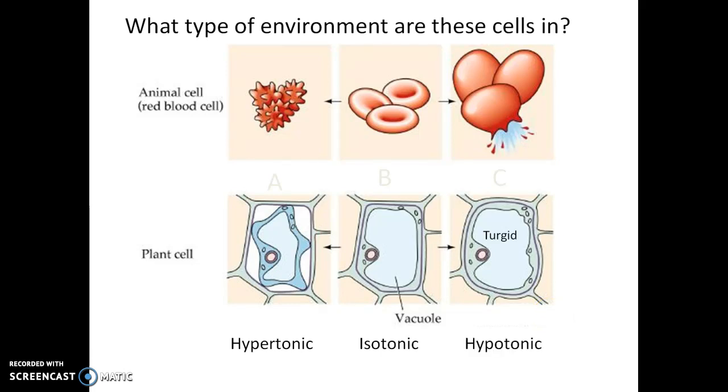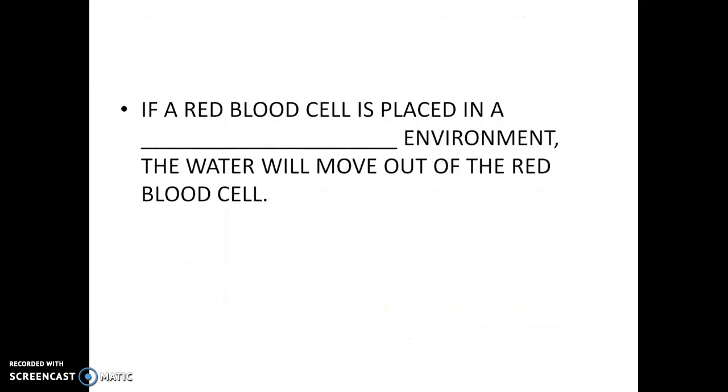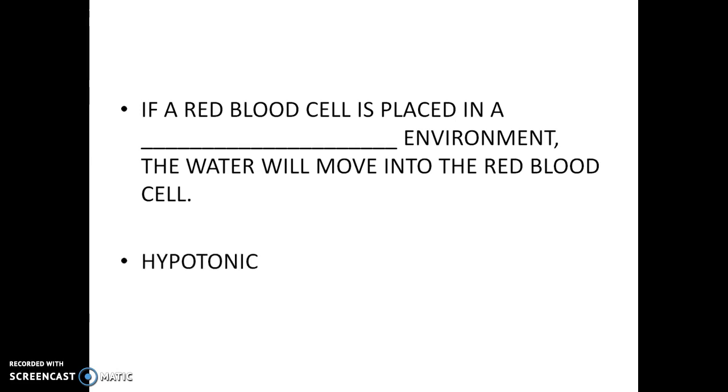So that would be a hypotonic environment. Excuse the bell in the background. So let's try this out. If a red blood cell is placed in this environment, the water will move out of the red blood cell. Hypertonic. How about this one? If a red blood cell is placed in this environment, the water will move into the red blood cell. Hypotonic.